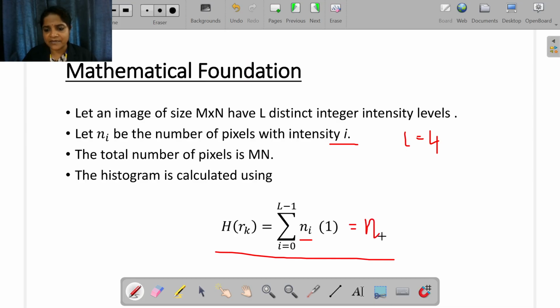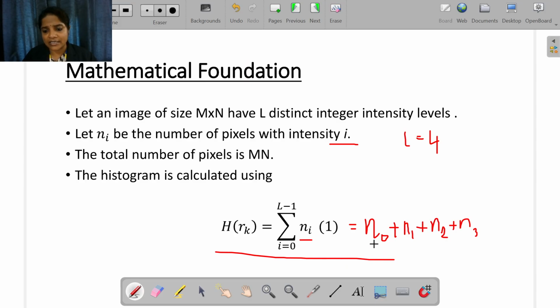This equation will become N0 plus N1 plus N2 plus N3 because the range is 0 to L minus 1. If L is 4, then the upper limit will be L minus 1, 4 minus 1, which is 3.